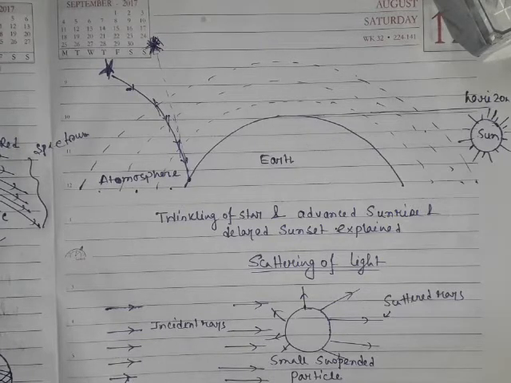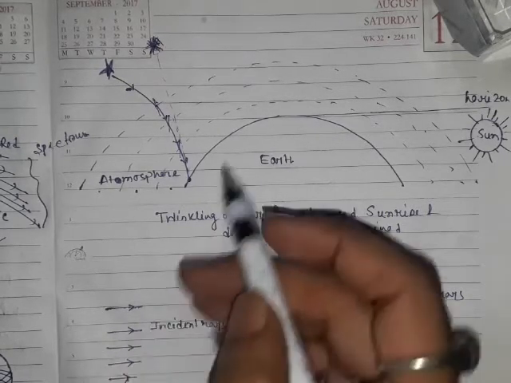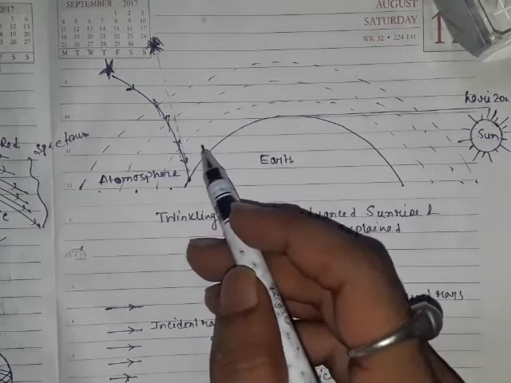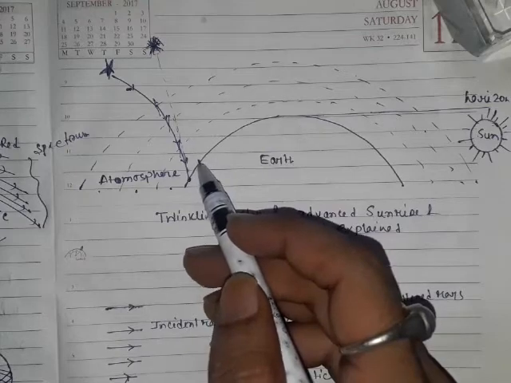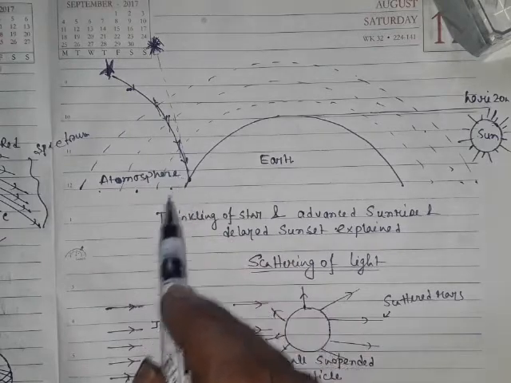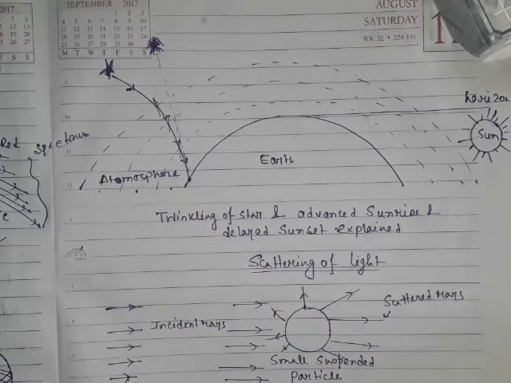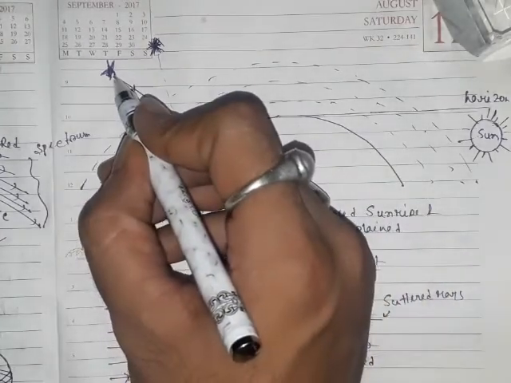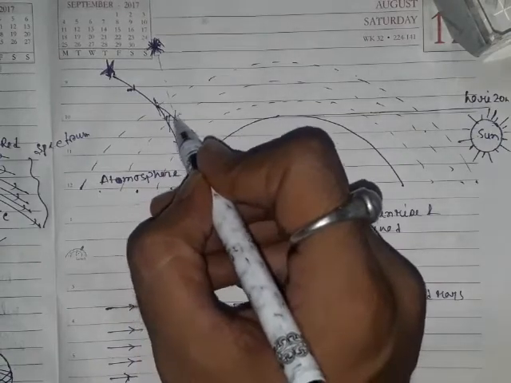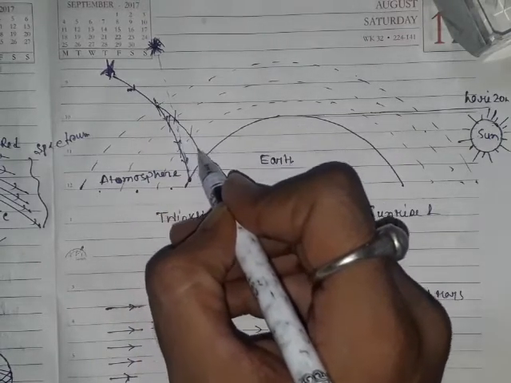That's how this atmosphere always changes. So the density of these layers keeps on changing. Once this ray coming from the star takes this path, you can't guarantee that the second time this ray will take a similar path. It can happen that the second time this ray takes this path, or maybe this path.